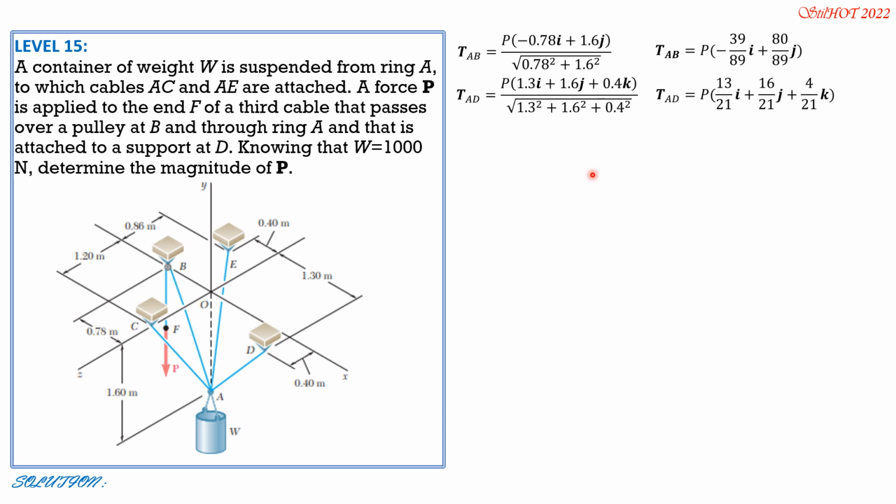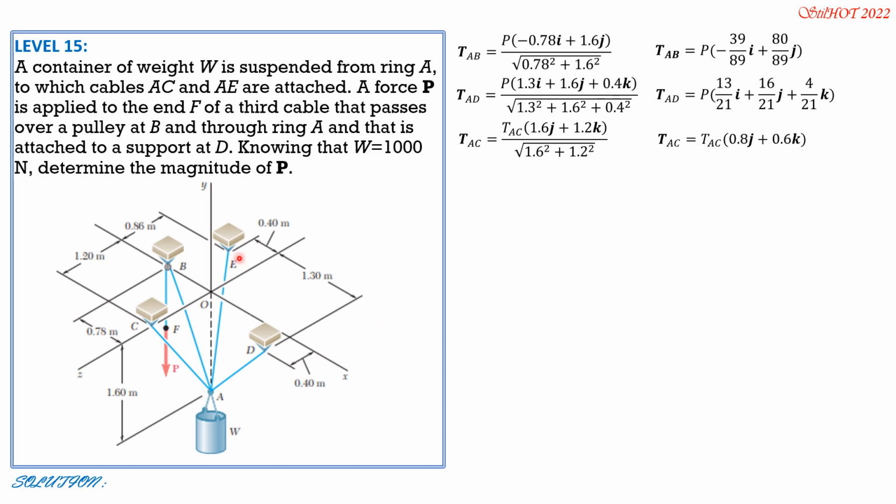Then, vector form of AC. Tension AC is magnitude of tension AC, quantity 1.6j, then positive 1.2k over square root of 1.6 square plus 1.2 square. There's no x component, so y and z components only. Simplifying, tension AC is tension AC quantity 0.8j plus 0.6k.